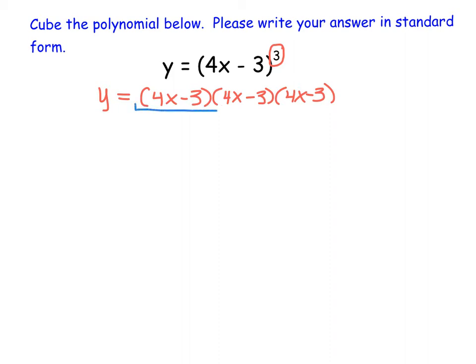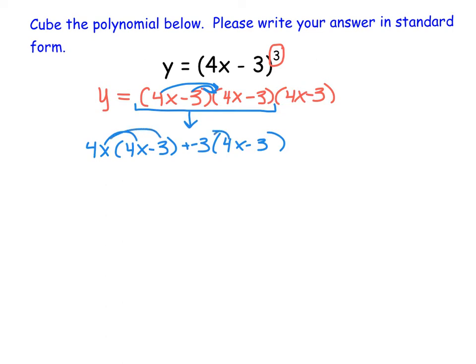We're going to start by doing this one at a time, multiplying 4x minus 3 times 4x minus 3. Here we have 4x from the first parenthesis, and we multiply it by everything in the second parenthesis, which is 4x minus 3. Then we take the negative 3 and multiply it by everything in that second parenthesis as well.